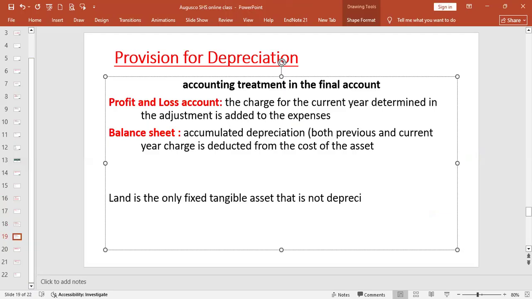So in accounting, we don't depreciate land. The reason being that land appreciates and it doesn't depreciate. When you go to economics, they depreciate land because they have their own assumptions and reasons. But in accounting, land is not depreciated. So take note of that.